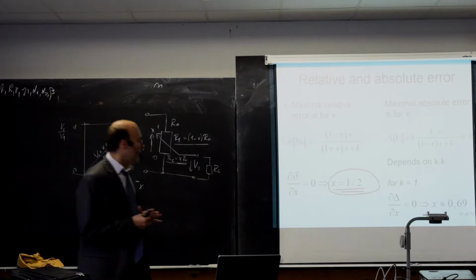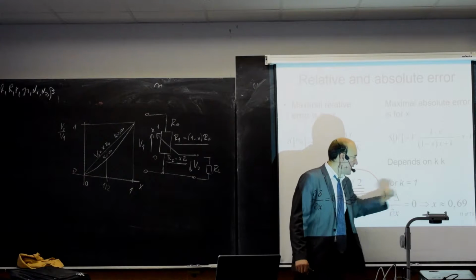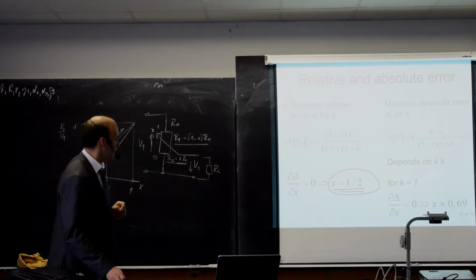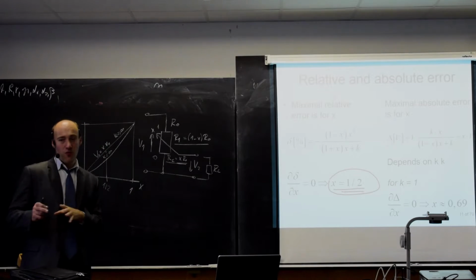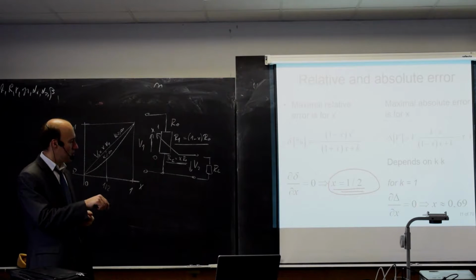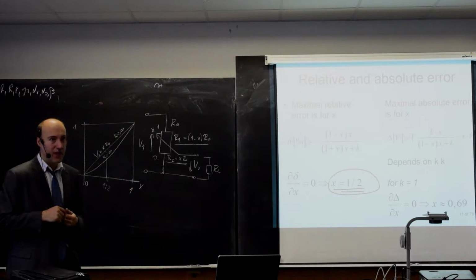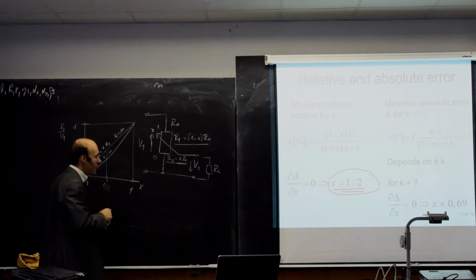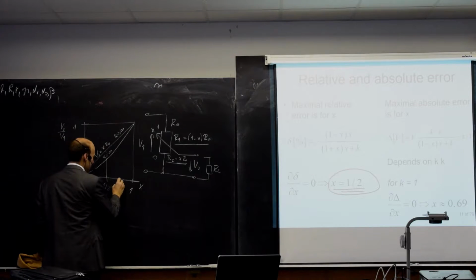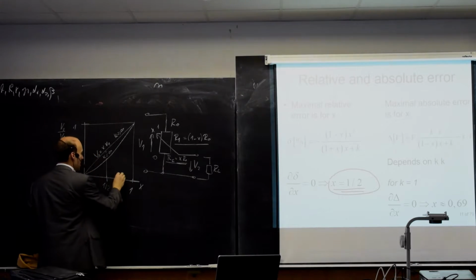We can make again a partial derivative here, set it to 0, and we'll see that the position of maximum absolute error is roughly 0.7. I say roughly because this position x now will depend on the value of k. So for example, for k equals to 1, the maximum absolute error is at position 0.69, which is somewhere around here.